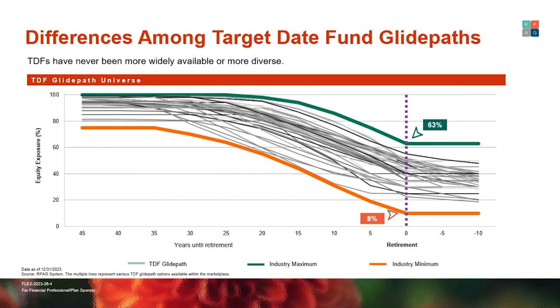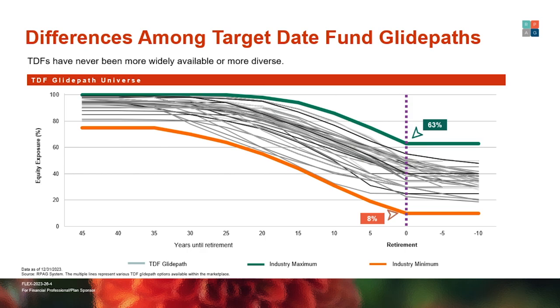More importantly, in our opinion, is the equity exposure at retirement. So that'll be at the dotted line. The most aggressive target date fund with the highest equity exposure is at 63%, whereas the most conservative is at 8%. That 55% difference can ultimately lead to extended amounts of risk that some plan participants are really not needing, basically.